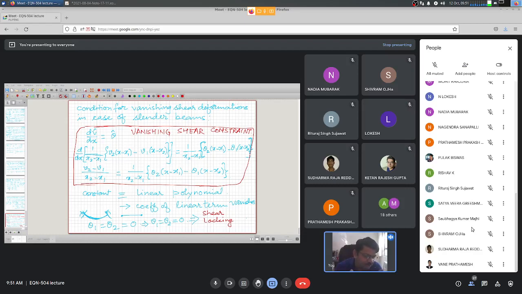For a given depth, the only thing you can do is reduce the length. So you divide the beam into very small length elements, let's say thousands of beam elements per span. Then maybe you will land up with a situation in which there are going to be significant shear deformations.